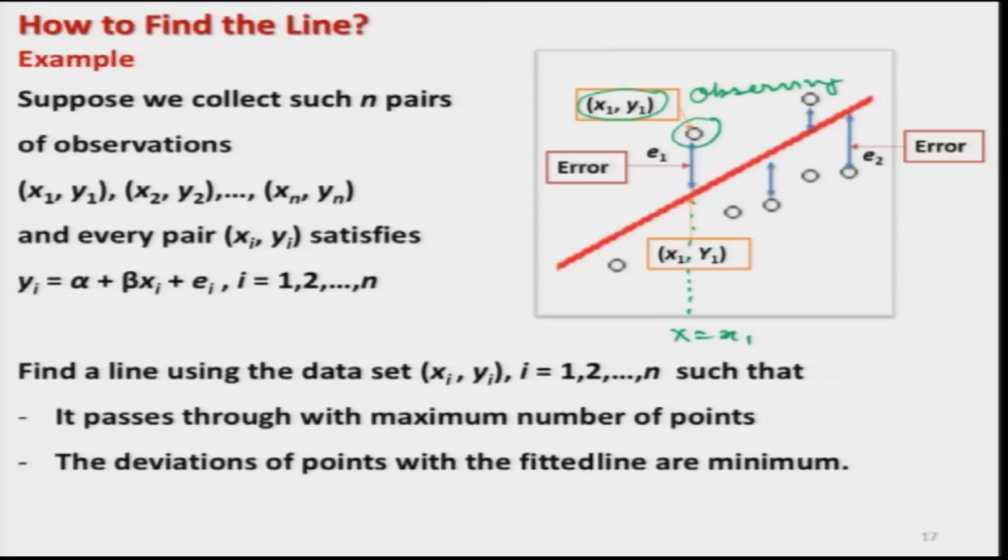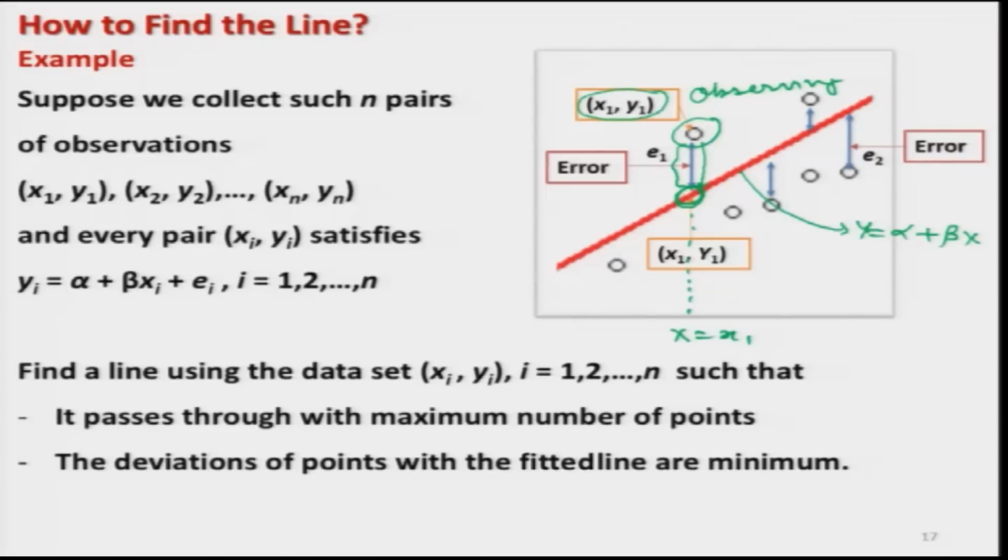Now, I assume that this point should lie on this line, which is denoted by capital Y equal to alpha plus beta capital X. So this coordinate is going to be small x1 and capital Y1, and there is some error in this data, which we express as E1.